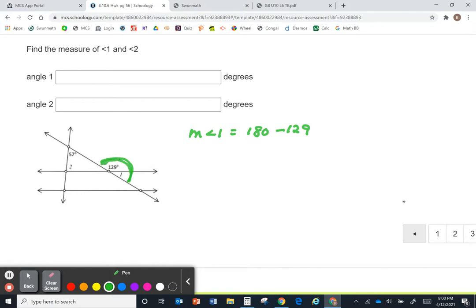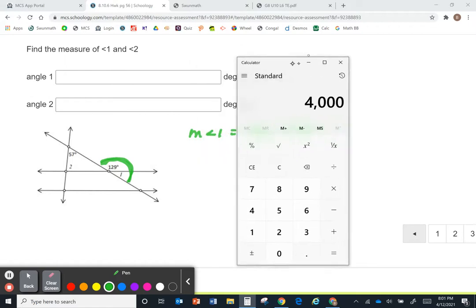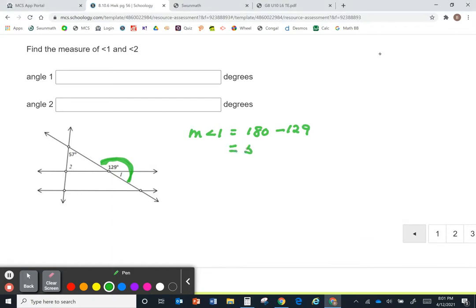These two collinear angles, see, they're adjacent, they're collinear. So then what you got to do is 180 minus 129, what's that, 51? 180, 129, 51, 51. So we got that one already.